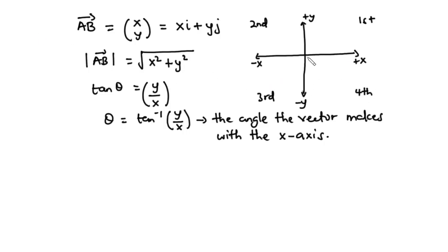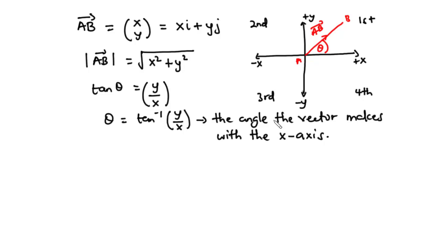Assuming we have our vector in the first quadrant, so this is point A and this is point B, then this vector makes an angle of theta degrees with the positive x-axis because it is found in the first quadrant.